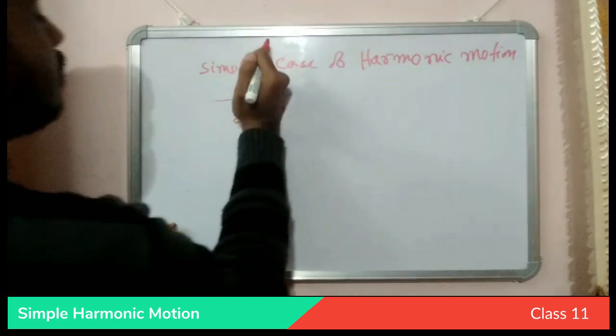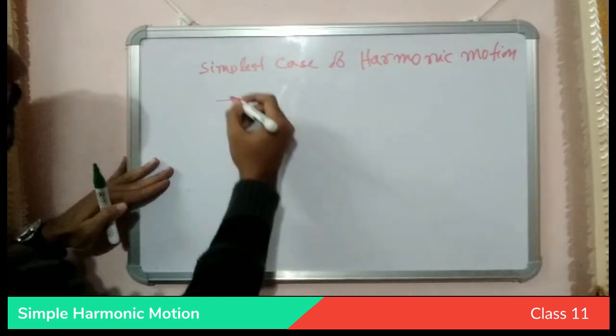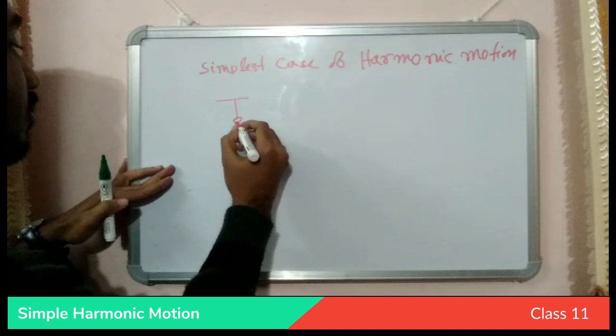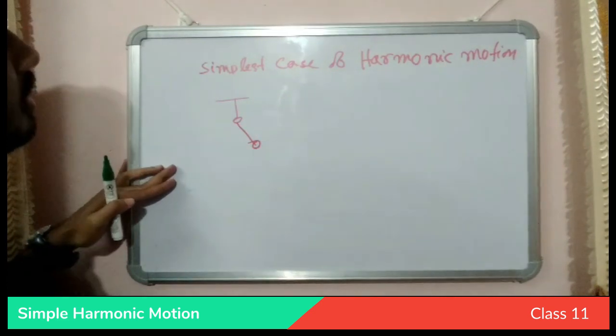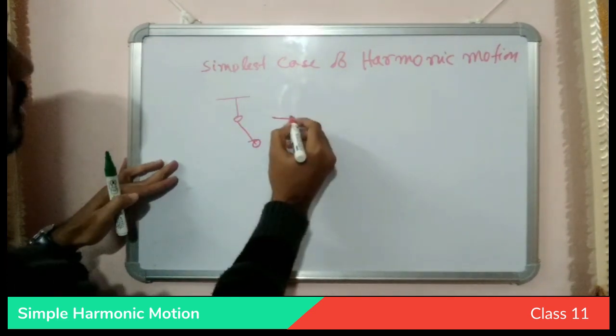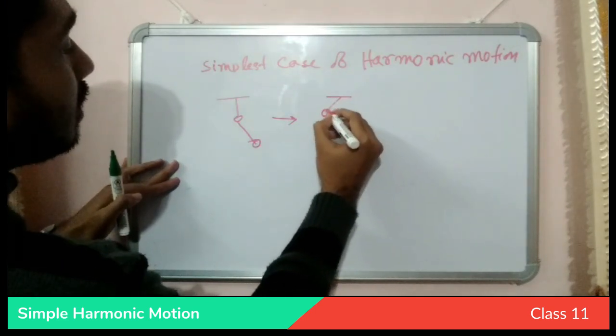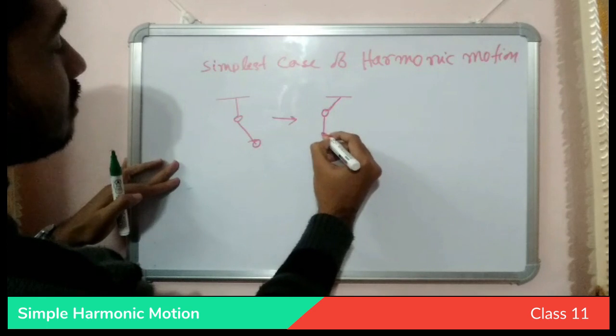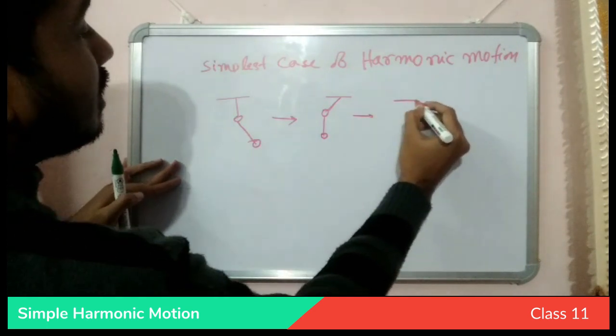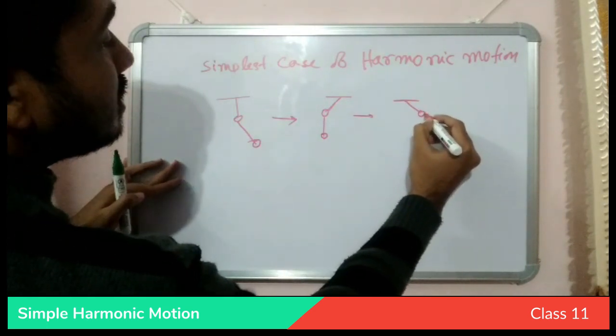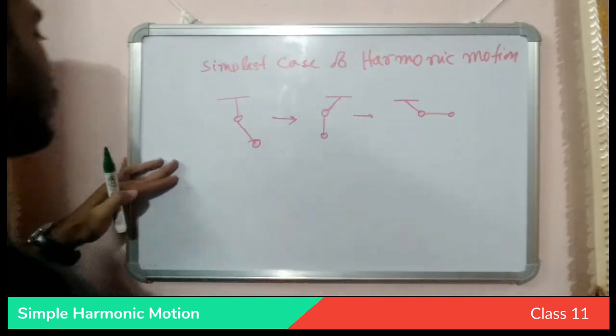I am giving you a little idea. If here is a pendulum and there is another pendulum attached here, this will vibrate like this. When the upper pendulum is going here, the lower is going like this, and again when the upper pendulum is like this, the lower will be like this.